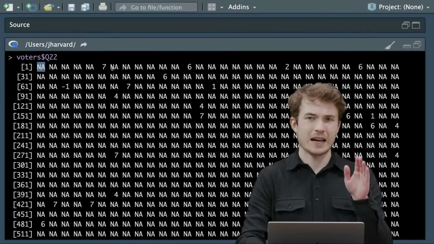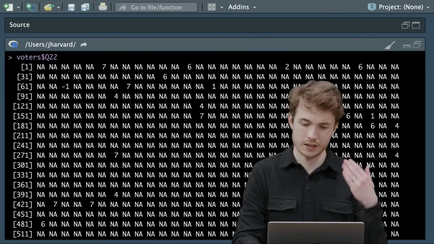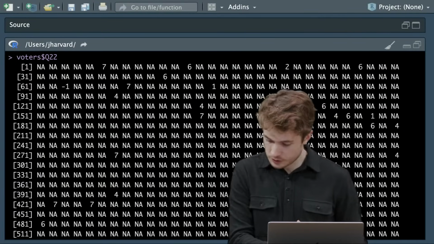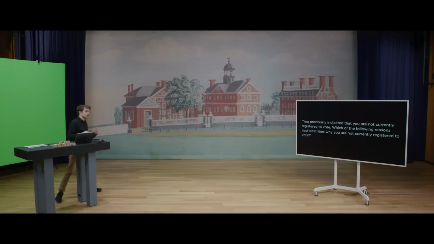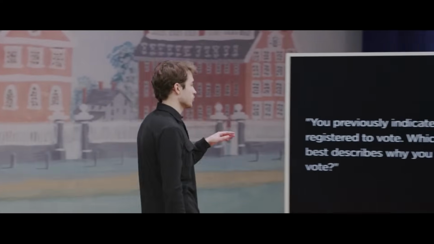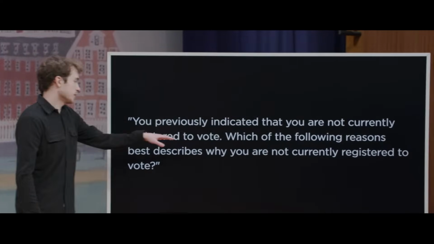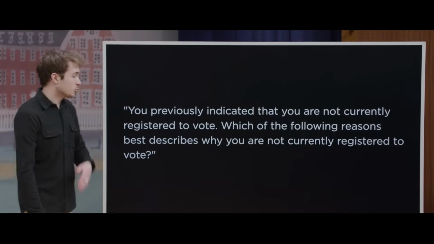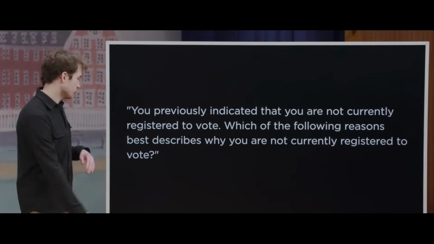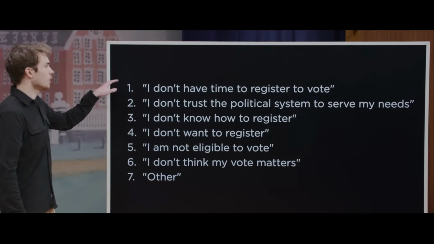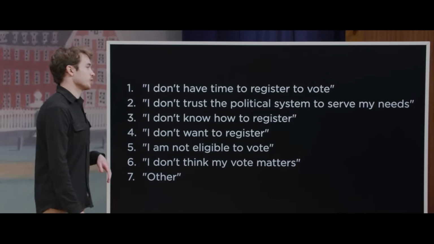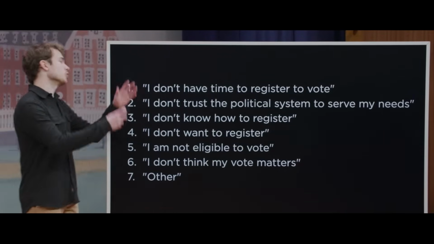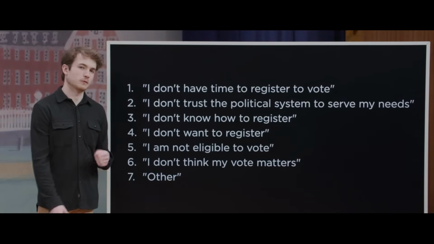Before we dive into that, let's take a peek at what this question is actually asking users. It turns out question 22 is asking users this: you previously indicated that you are not registered to vote. Which of the following reasons best describes why you are not registered to vote? And users are given several responses, 1 through 7, I believe, where 1 was, I don't have time, 2 was, I don't trust the political system, 3 was, I don't know, and so on and so forth.